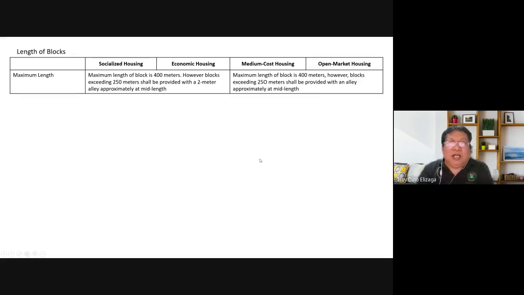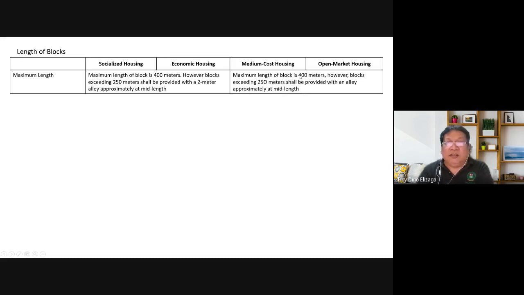So the maximum length of one block, because you will be grouping the houses into a single block, should be 400 meters. And if a block exceeds 250 meters, there should be an alley in the middle of the block, which is the 2-meter alley.